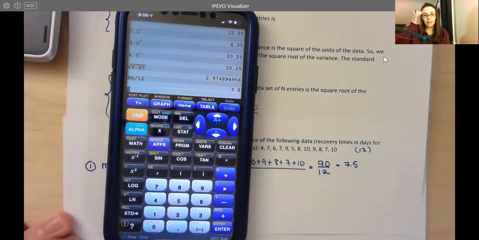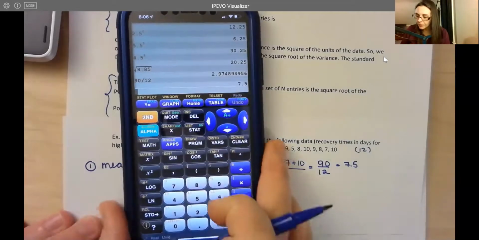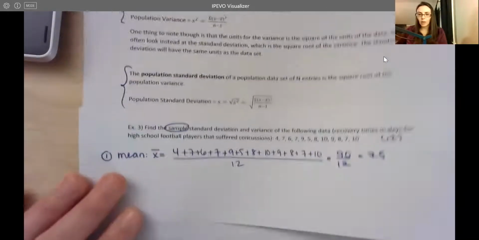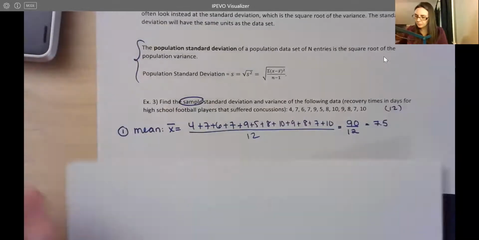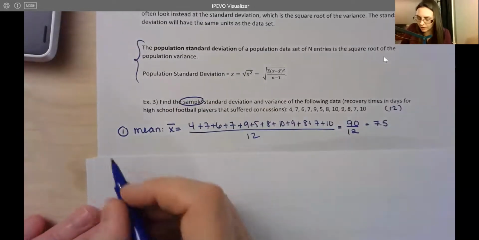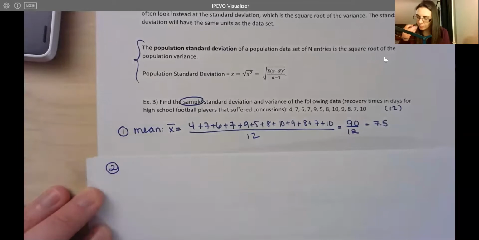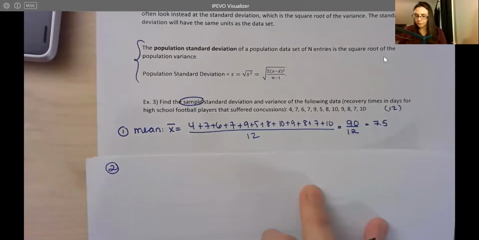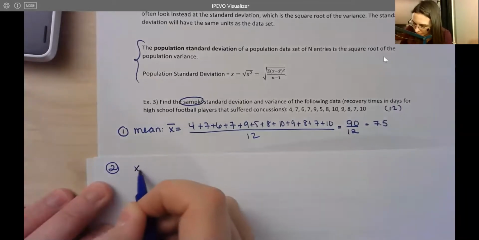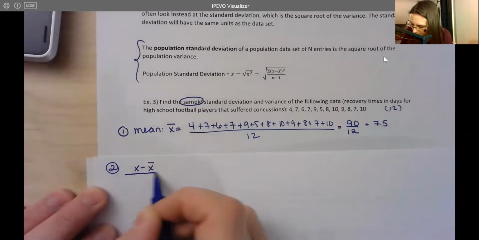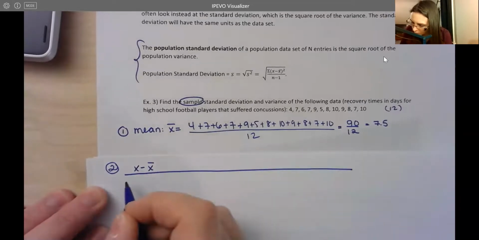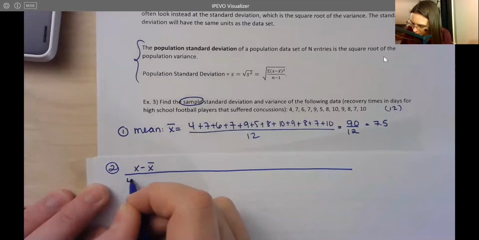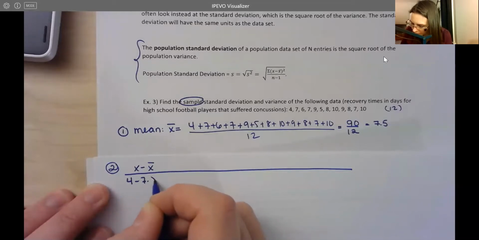So we end up getting exactly 7.5 here. That's going to be my mean. Now the next thing I'm going to do is make a table, following the same steps as before. I'm going to do X minus X bar here. My first data point is 4, so I do 4 minus 7.5.